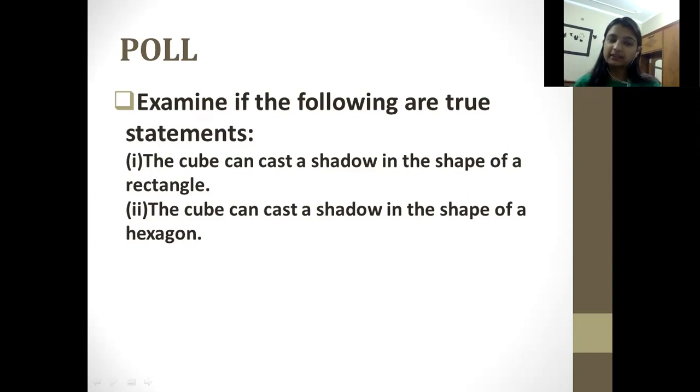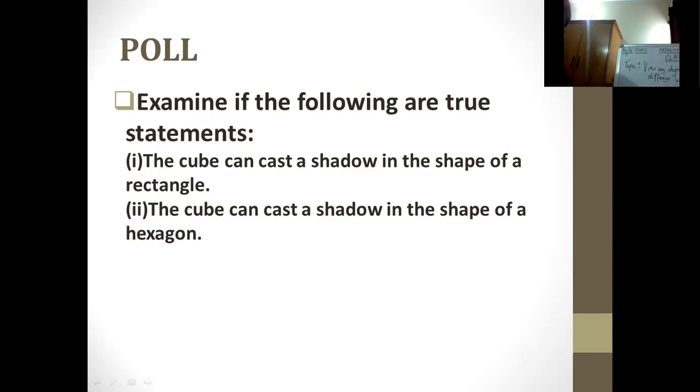And what about the second one? The cube can cast a shadow in the shape of a hexagon. Let us try then. If you feel confused, let me show it here for better understanding. First of all, we would take some cubical object like this. Then we would apply a beam of light. You can see the beam of light on the screen also.